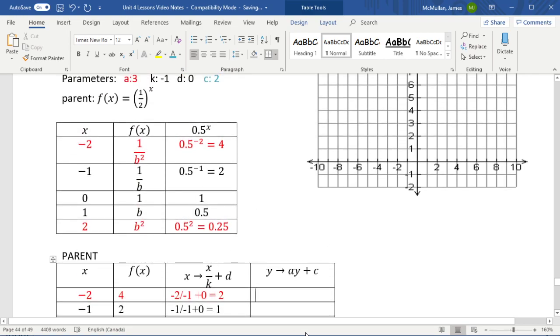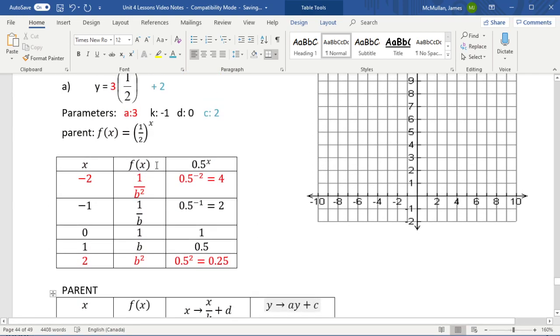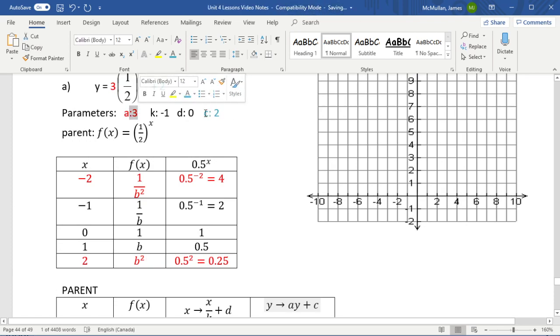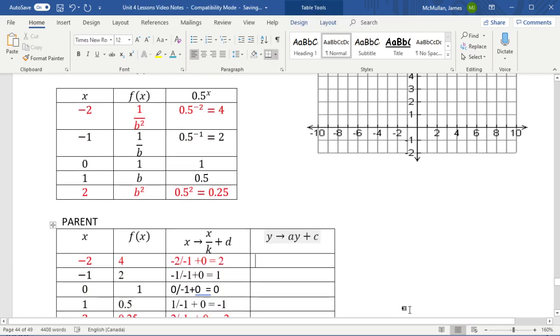Okay? Now I'm going to look for my y coordinates. So a is 3 and c is 2. So start with the first coordinate, 4. 3 times 4 plus 2 is equal to 14. 3 times 2 plus 2 is equal to 8. 3 times 1 plus 2 is equal to 5. 3 times 0.5 plus 2 is equal to 1.5 plus 2 is 3.5.